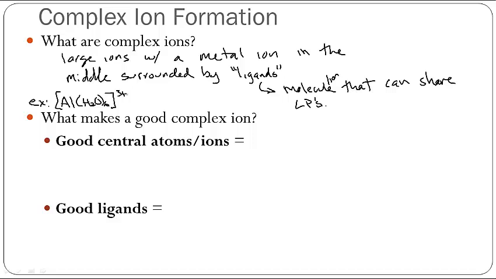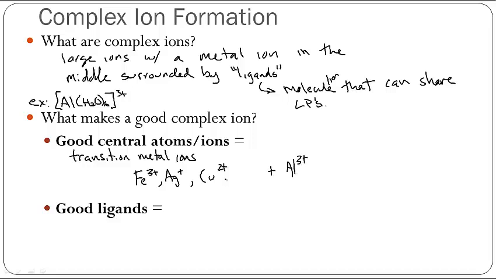So what makes a good complex ion? Transition metals. Transition metal ions. So the ones you'll see are iron, silver, copper, and then aluminum is the other one you'll see a lot.